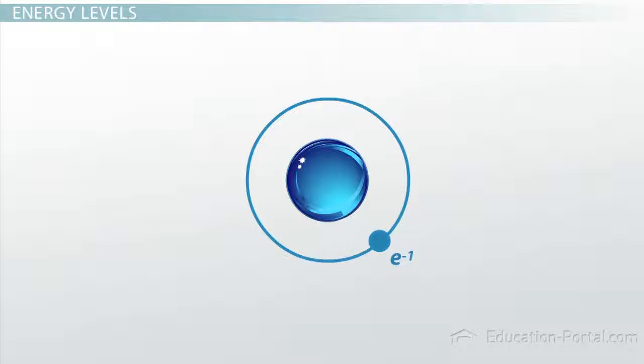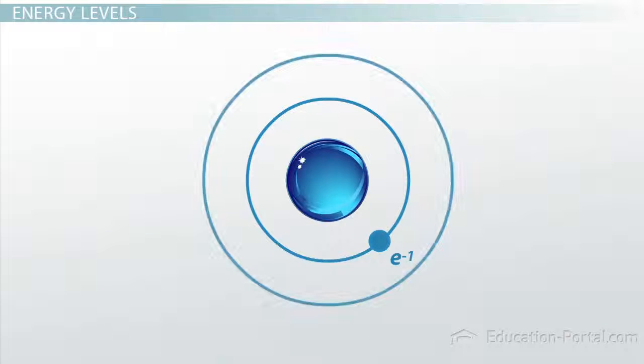So now when I have my nucleus and I think about it in terms of these energy levels, we think about it in terms of energy levels because it took energy to have this electron out here at this orbital. So there's some sort of energy associated with this energy level. And if I have multiple energy levels, I'm going to have even more energy associated with this second energy level.